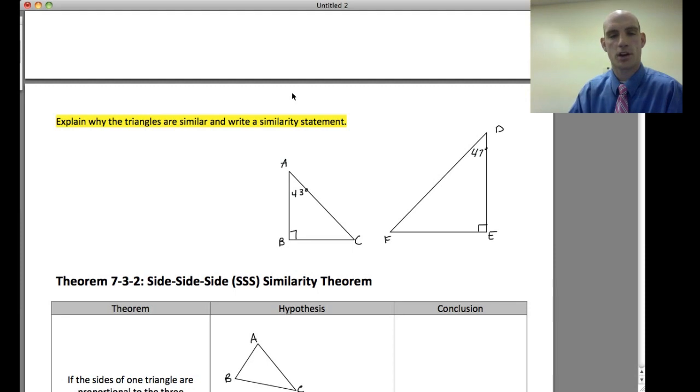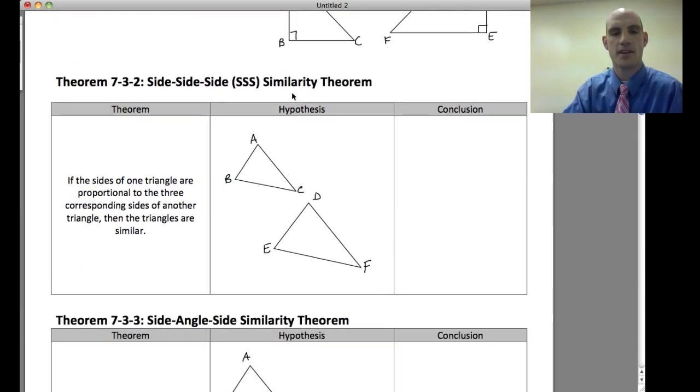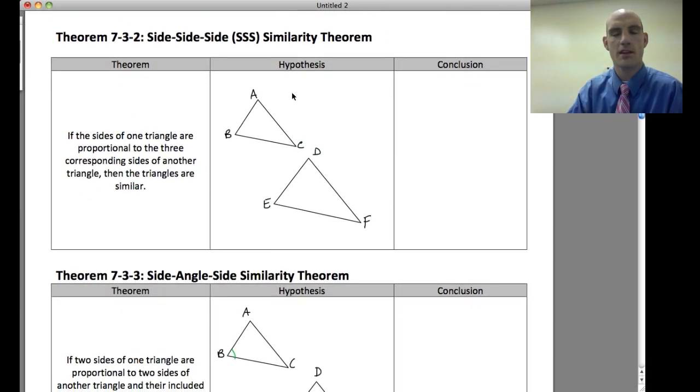We're going to move on to the side-side-side similarity theorem. The side-side-side similarity theorem says if the three sides of one triangle are proportional to the three corresponding sides of another triangle, then the triangles are similar.